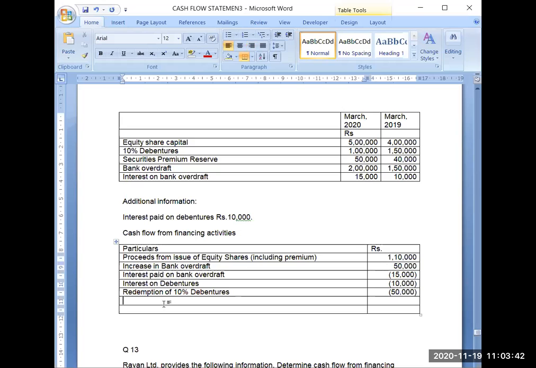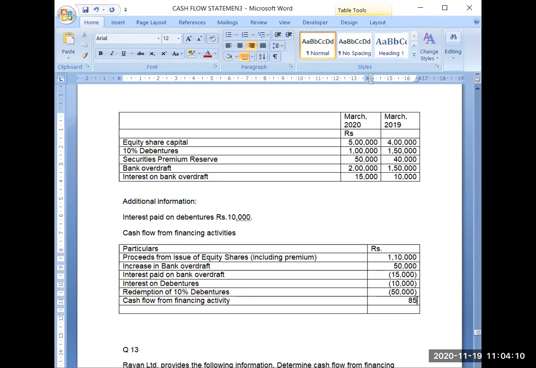So inflow is more than outflow, so we can say it is cash flow from financing activity. 160 minus 75, that is 85,000.